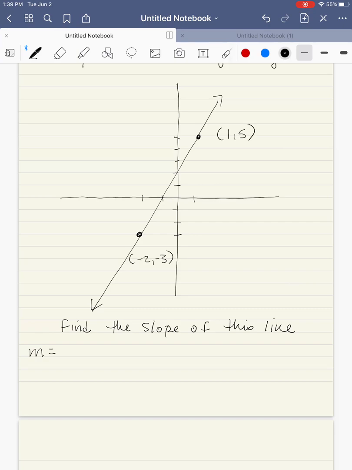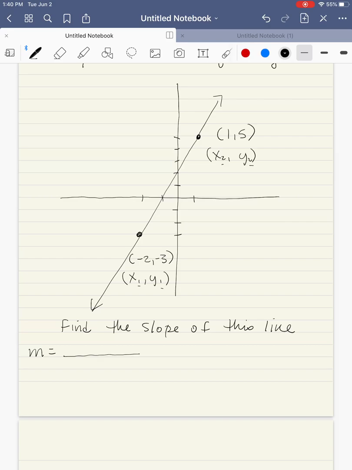We know that slope is change in y over change in x. So if I'm calling these 2 points x1, y1, that's my first point, and x2, y2, that's my second point. And these little subscripts just differentiate the first x and y, the second x and y, that's all that means.